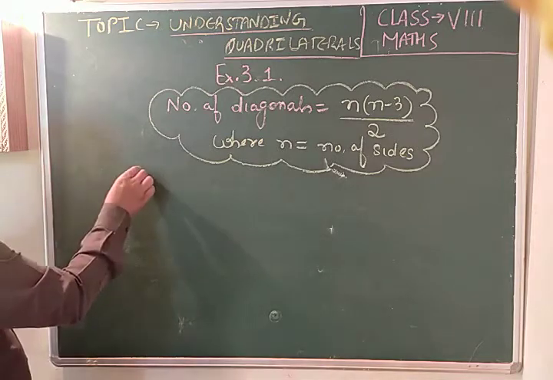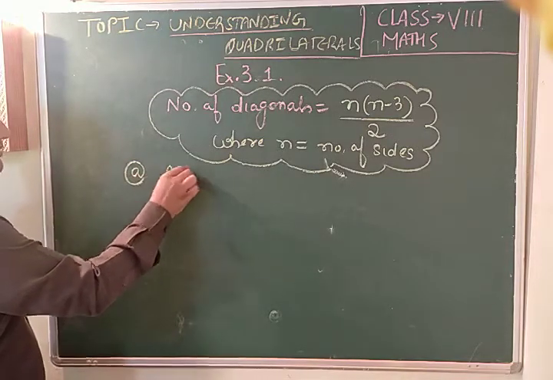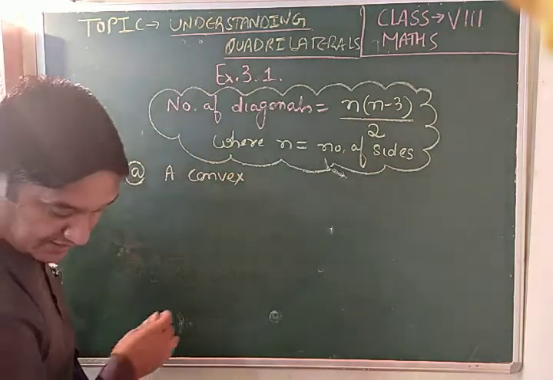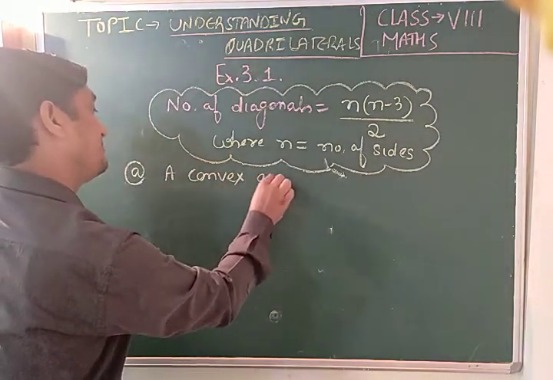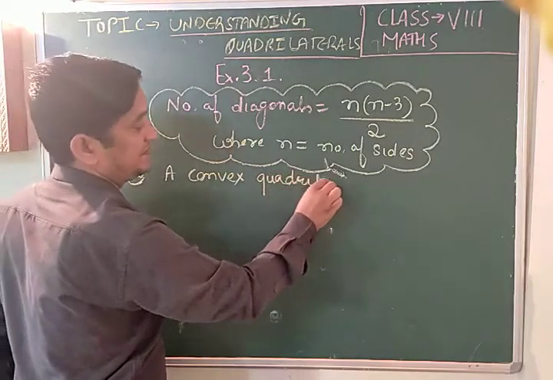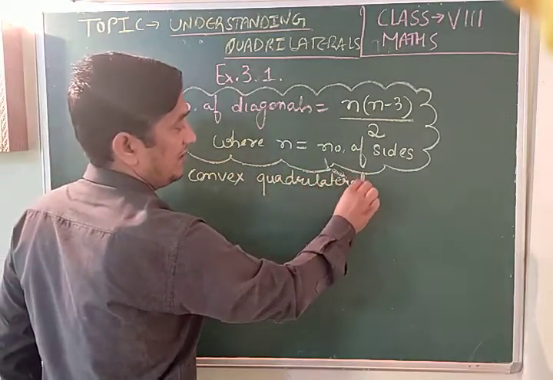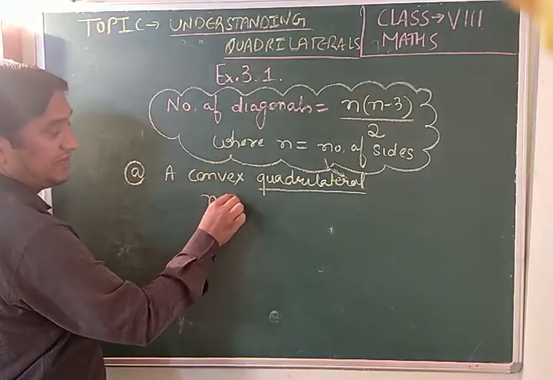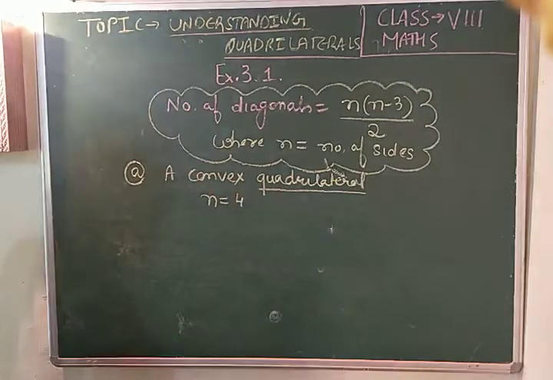In question number 2, we have to find the number of diagonals. First part is a convex quadrilateral. Now, as it is a quadrilateral, it means the number of sides must be 4.